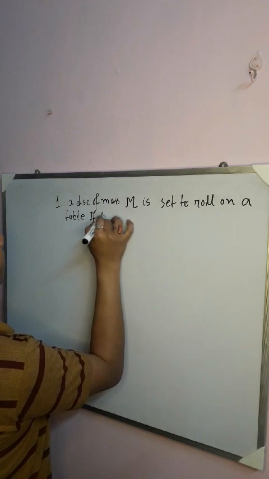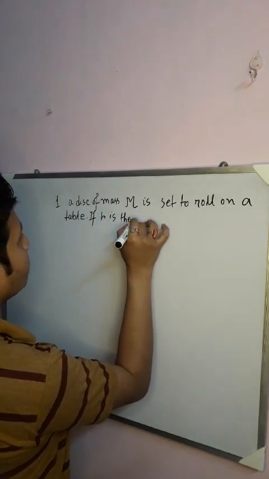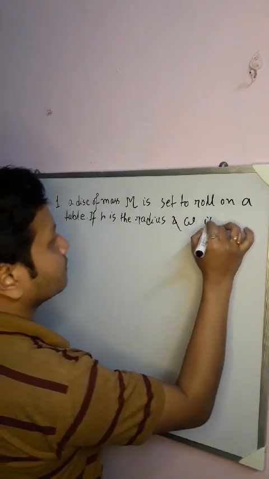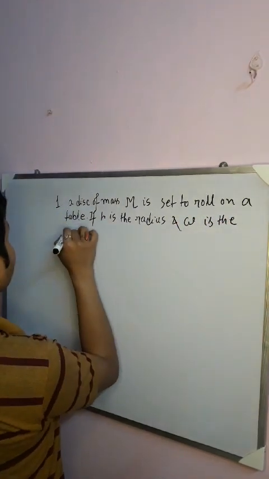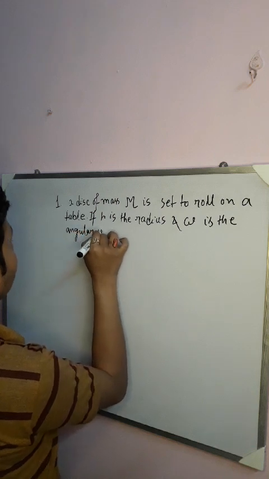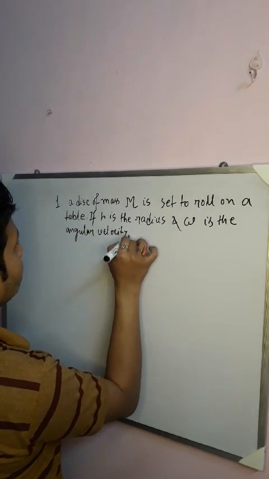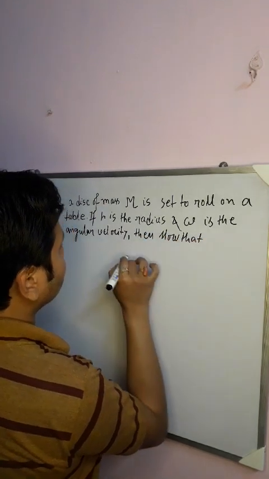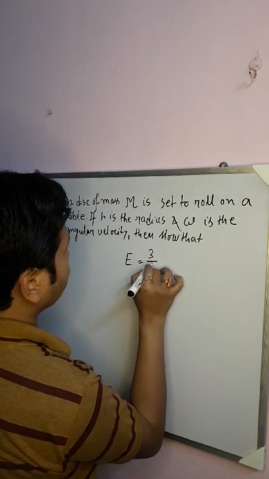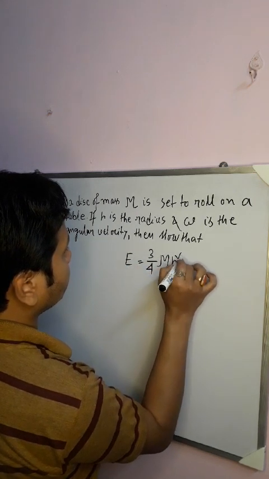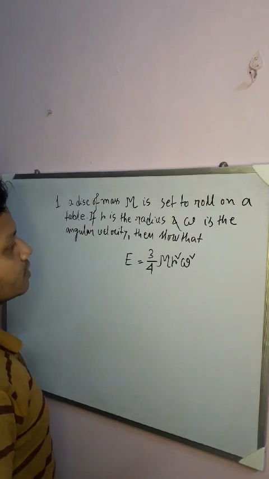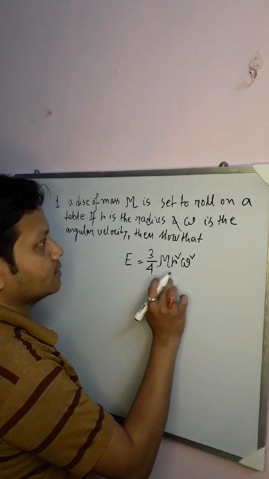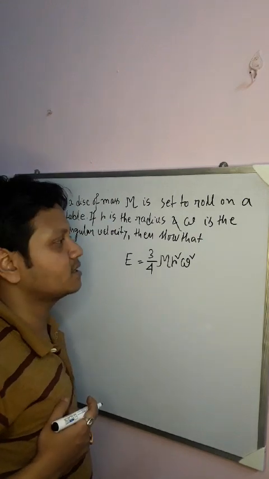If r is the radius and omega is the angular velocity, then show that the total energy is 3 by 4 m r square omega square. Okay, this question is very important in exams, and sometimes it comes as a short question in examination.